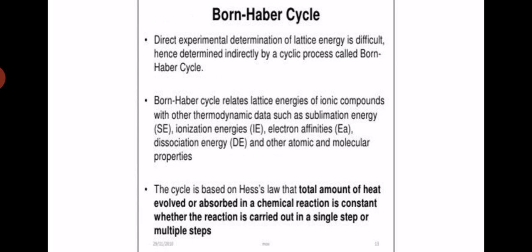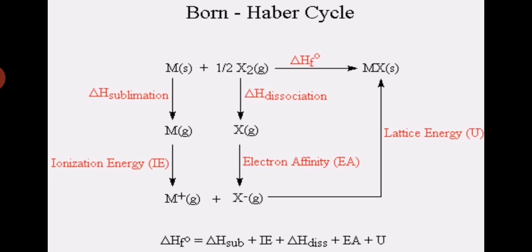The cycle is based on Hess's law, which states that the total amount of heat evolved or absorbed in a chemical reaction is constant, whether the reaction is carried out in a single step or in multiple steps.